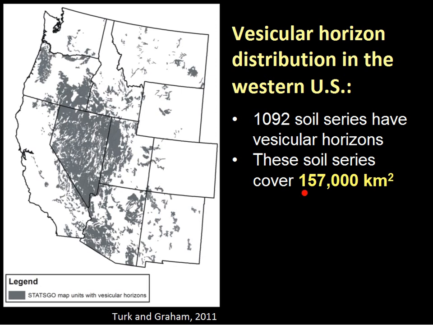And when I added up the total area mapped for these soil series in the SSURGO database, this added up to 157,000 square kilometers. This map is showing the distribution in the STATSGO database, so all of the gray areas are areas with map units that have one of the soil series with vesicular horizons as a major component. Here we can see where these soils with vesicular horizons occur. You can see they mostly follow the outline of the Basin and Range province.